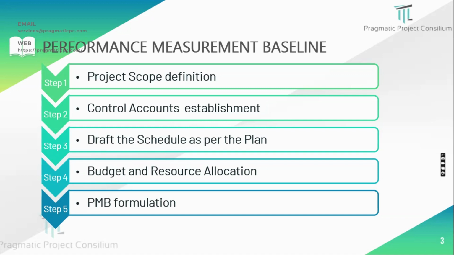The basic requirement, once again I'm repeating, is the 8 hours to 80 hours rule. In principle, as per the project management institution's recommendations, 8 hours is the minimum and 80 hours the maximum.